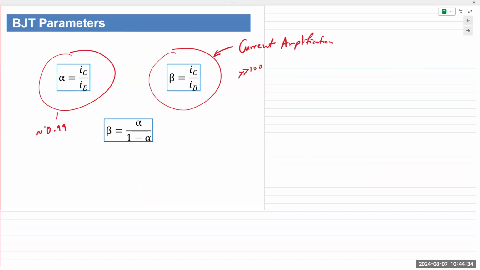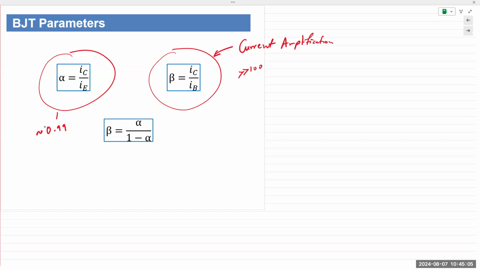And then beta, of course, is the current amplification factor, meaning you apply a small current at the base terminal, and you can control the flow of current between the collector and the emitter. And that is the principle of operation. A vacuum tube triode was nothing but a vacuum tube diode with a third element to control the flow of current or electrons between the cathode and the anode.